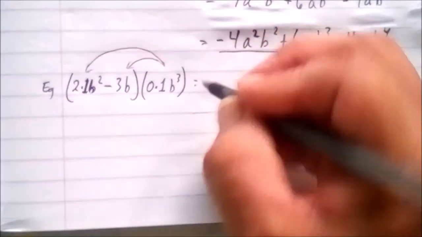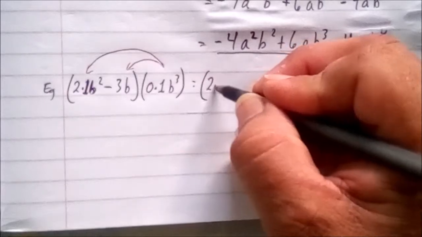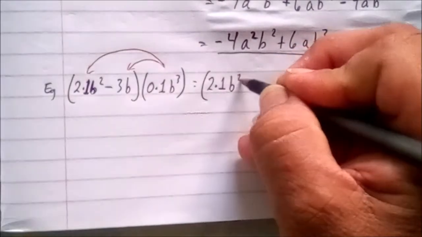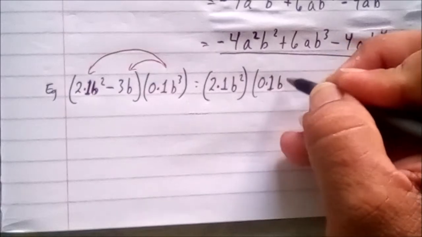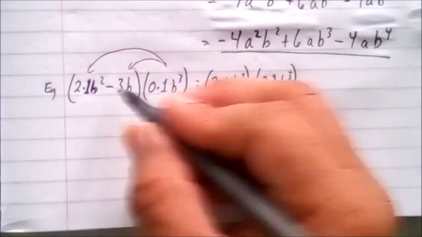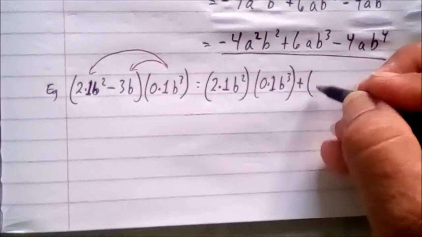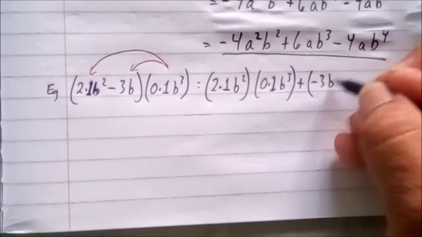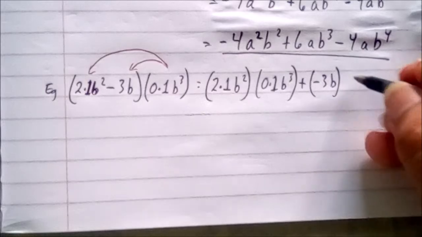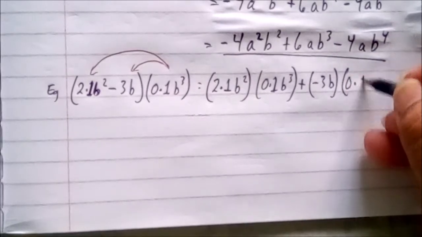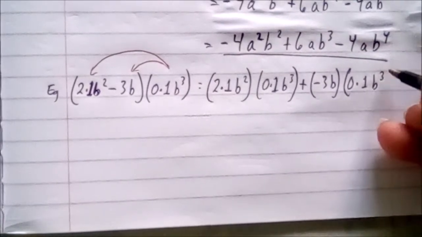So we end up now by saying 2.1b squared times 0.1b cubed, negative, you can put here plus just in case if you get things mixed up, because you're going to add that term, plus negative 3b times 0.1b cubed.